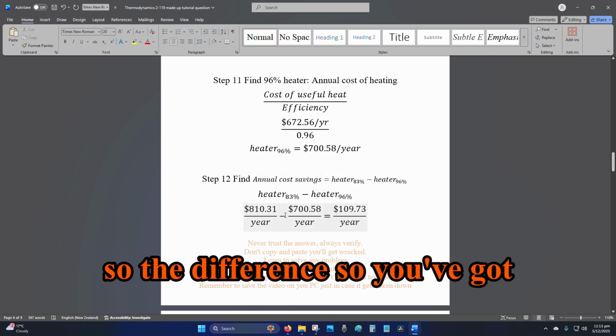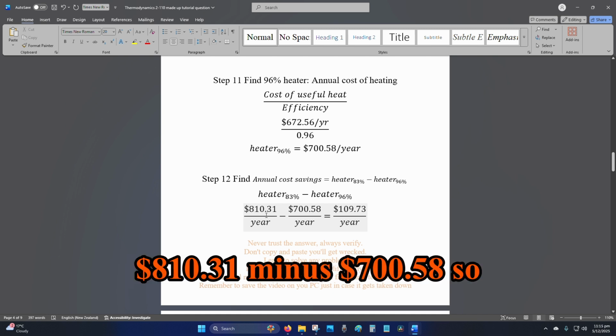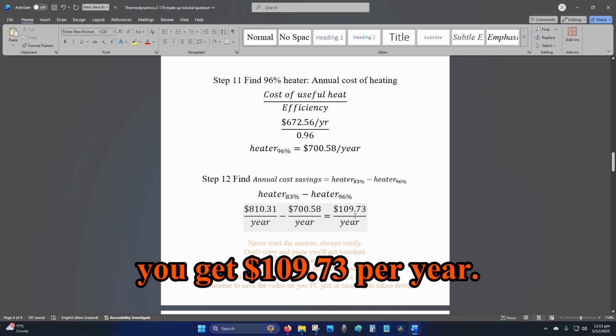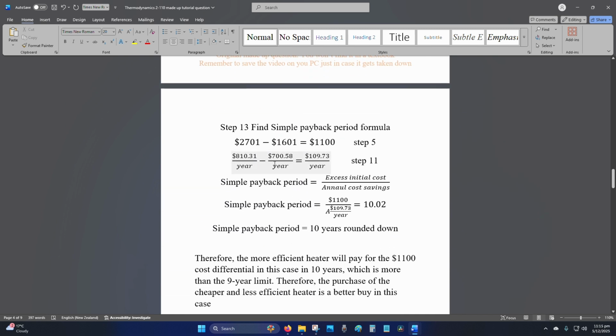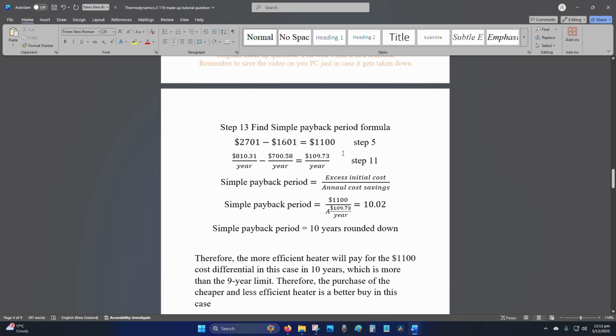So the difference, so you've got 810.31 minus 700.58, so you get $109.73 per year. Step 13, we can now find the simple payback period.